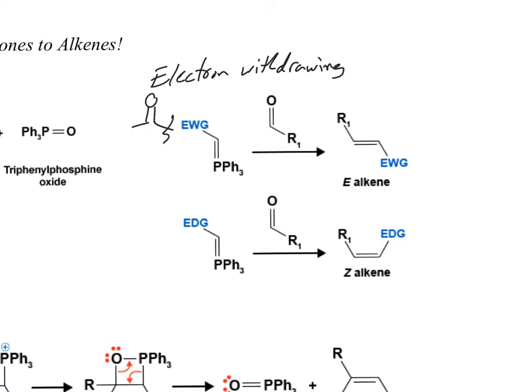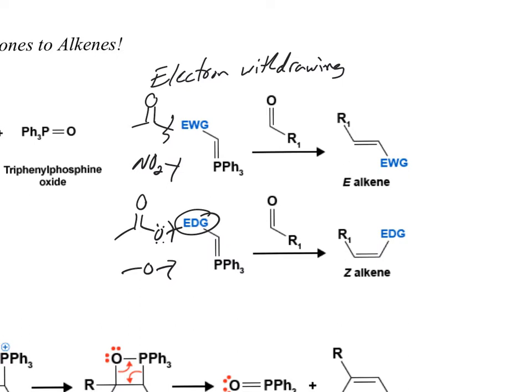If there was an NO2, that's electron withdrawing, things like that. EDG is electron donating groups. What could be electron donating? Well, an ester like this could be, because now the oxygen is right there attached. That's electron donating. You could have an ether. I think that was the example I showed online in the video. So anything that donates electrons.